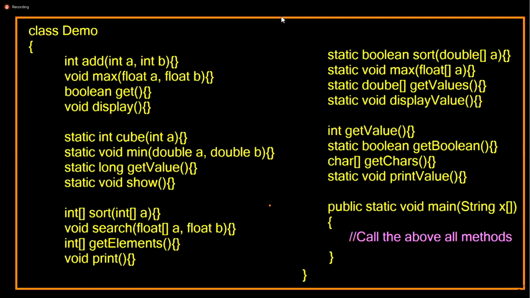Instance method is there, call with object reference. Class method is there, call with class name. But return type, parameters, everything you observe carefully. Small mistake also mistake only.